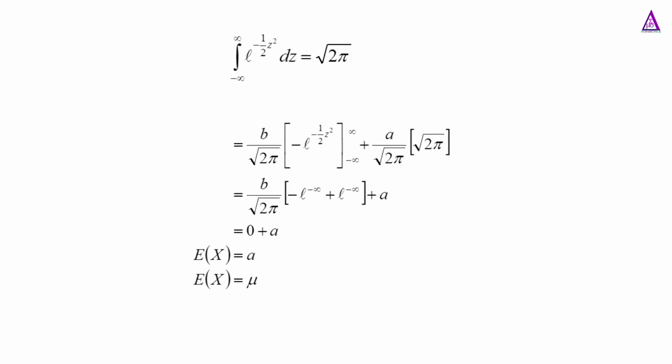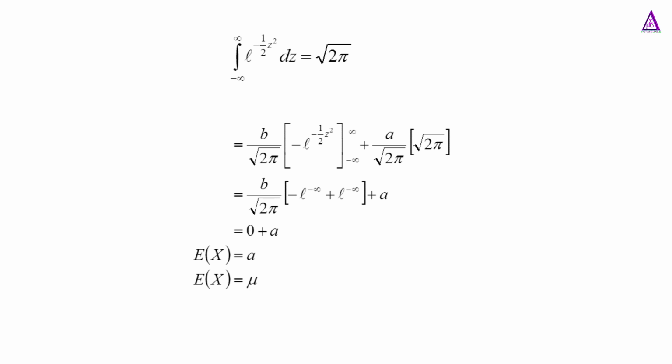By the standard normal distribution, we know that the integral from negative infinity to infinity of exponential raised to power negative 1 divided by 2 z square dz is equal to square root of 2 pi. And when we integrate z exponential raised to power negative 1 divided by 2 z square dz from negative infinity to infinity and put the limits there, we have 0, and in the other term square root of 2 pi cancels square root of 2 pi, and we have a.